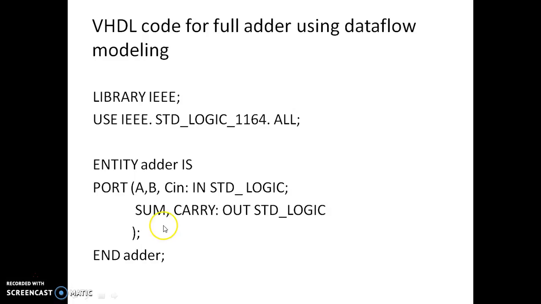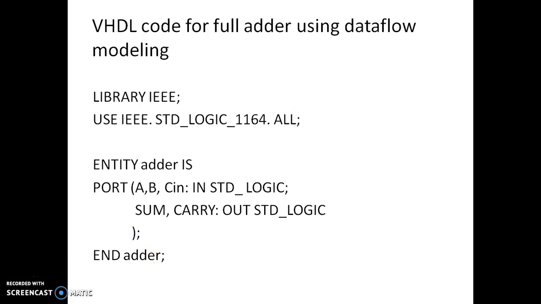Then after completing the entity declaration we have to end this entity. For that we use the end keyword, and after that we write the name of the entity. Always remember, do not forget to write these semicolons.